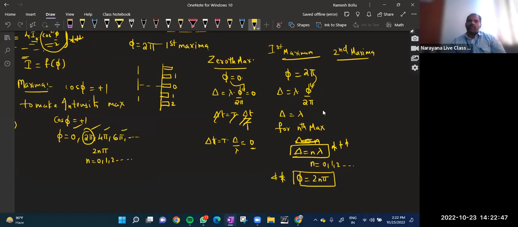Here also n starts from 0, 1, 2, 3 and so on. And the time difference between the two light waves is T into delta by lambda. Delta is n lambda, so n lambda by lambda, lambda cancels out. The time difference between the two light waves to form the nth maxima is n into T.